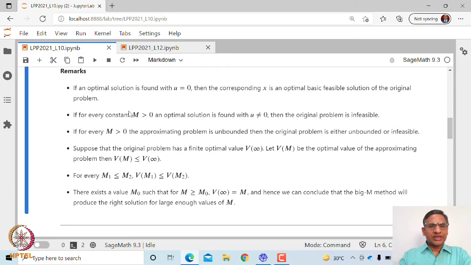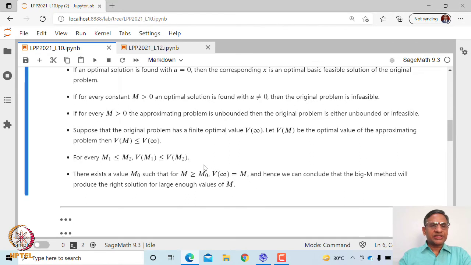In case you have applied the simplex method and obtained the optimal solution, but this optimal solution contains some artificial variable which is non-zero in the basic variables, then the original problem is infeasible. We will see an example of this a little later. The next result says that if for some positive M the approximating problem is unbounded, then the original problem is either unbounded or infeasible.